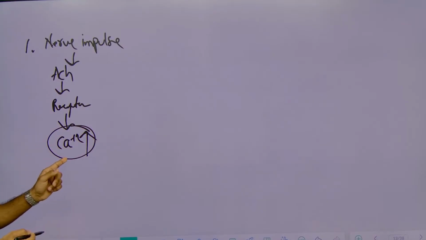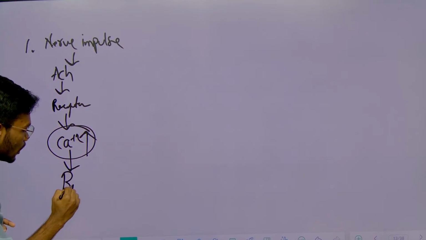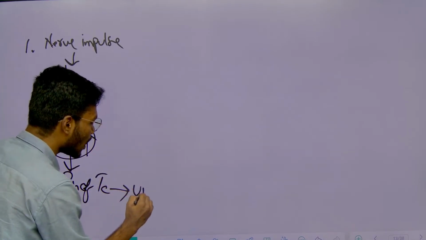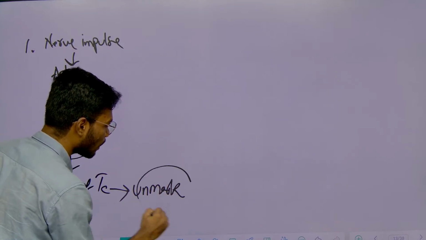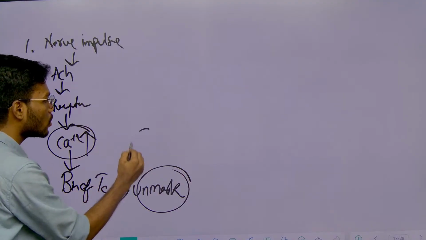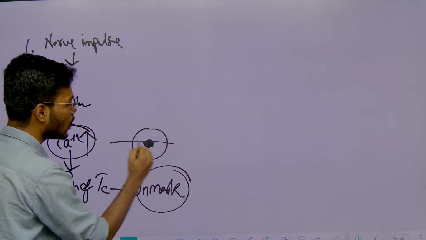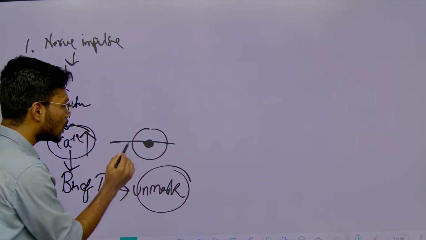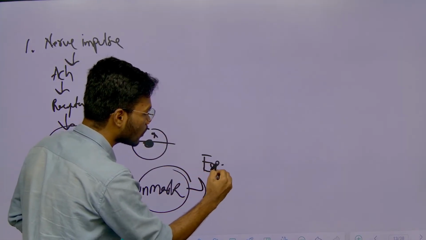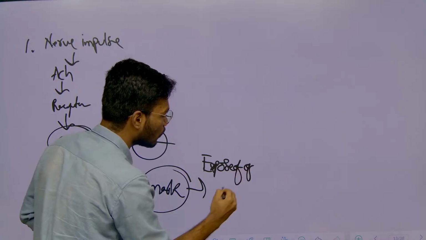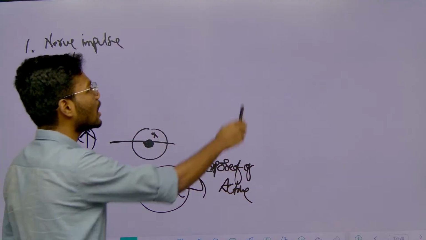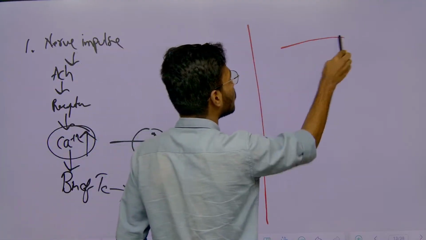Whenever calcium increases, there is binding to troponin C, so it will unmask the tropomyosin from the active sites of the actin molecules. So here we have the active site. Initially tropomyosin was like this. It will be moved forward this side, so there is exposure of active sites. Whenever there is exposure of active sites, simultaneously, here we have myosin.